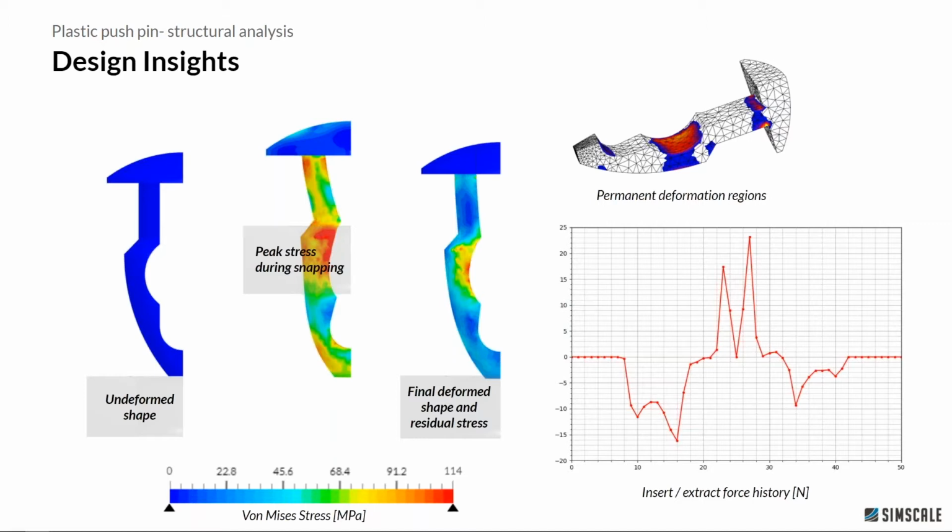And in this force history on the bottom right, you can actually see the force required to insert and then extract the pushpin. And we actually see quite considerable amounts of spring effects as we jump through. It'll spring through the punch hole once we get past that thickest section, and the same will happen in reverse on the way back as well.